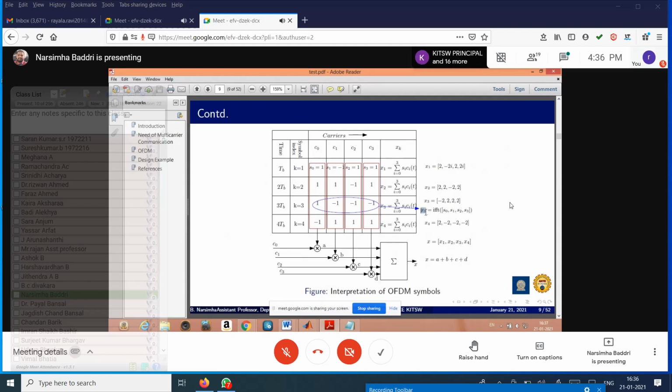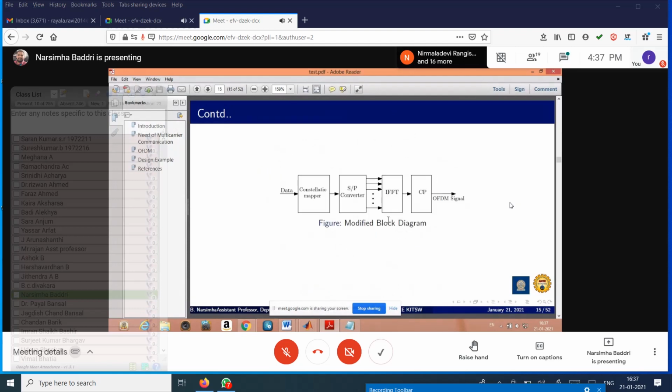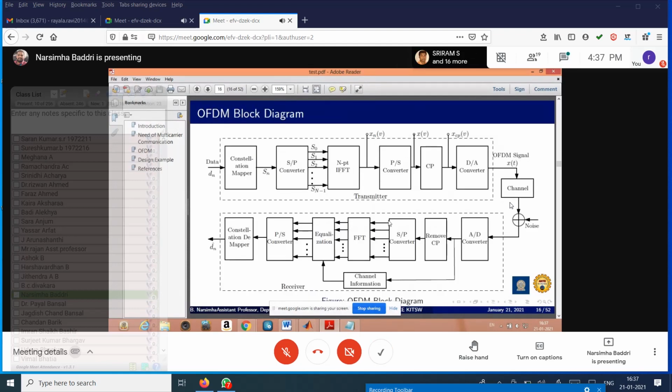If you observe any one of these, x3 is nothing but the IFFT of these data points: 1, minus 1, minus 1, minus 1, or I can say S0, S1, S2, and S3, in which all the carrier information was there. So each and every symbol contains all the carrier frequency information.